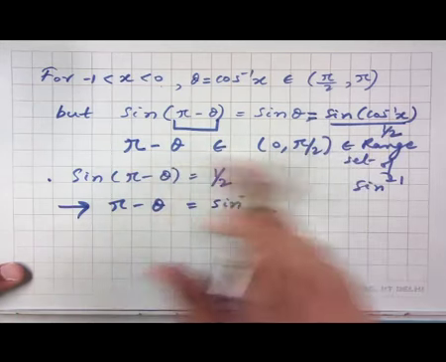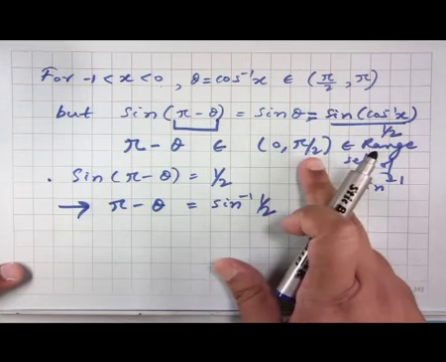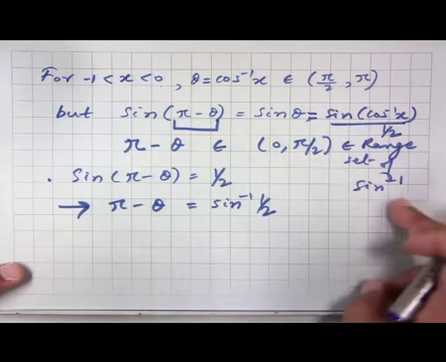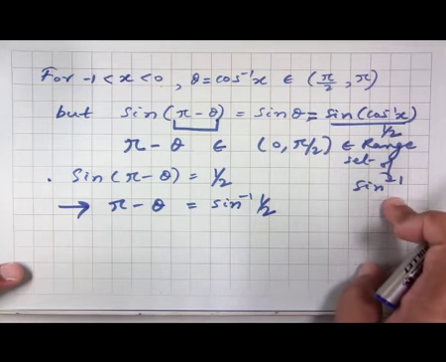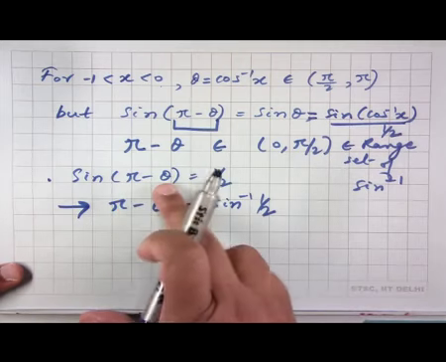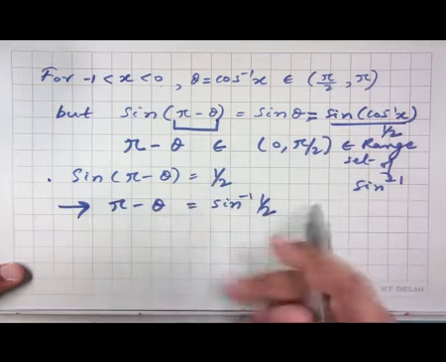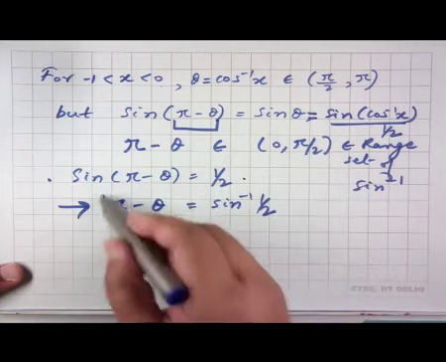So, pi minus theta belongs to 0 to pi by 2, which is a subset of the range set of sine inverse. The range set of sine inverse was minus pi by 2 to pi by 2. Because pi minus theta belongs to the range set of sine inverse, from here we can get this.